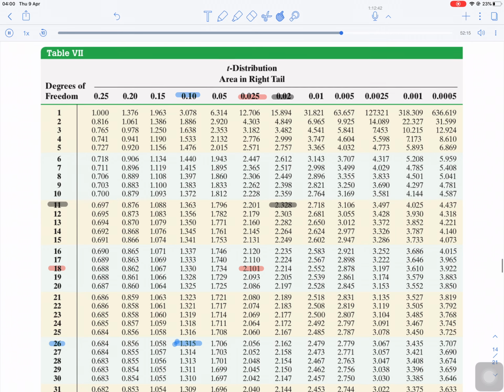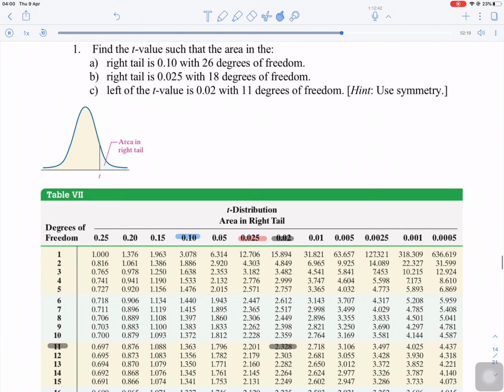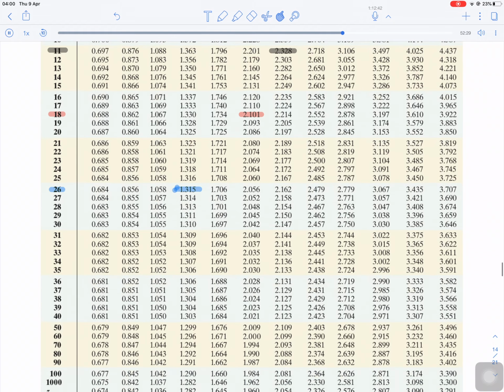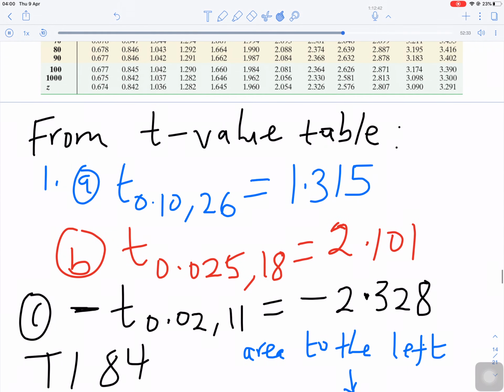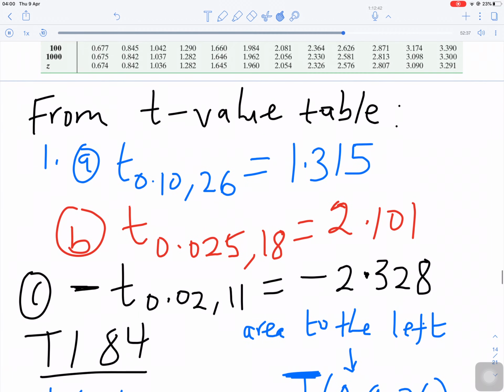But then we go back to the information which we ignored earlier, that the area we are given, 0.02, is actually to the left. So using the rule of symmetry, we just negate this value. So our t-value becomes negative 2.328. The answer for C is negative 2.328.